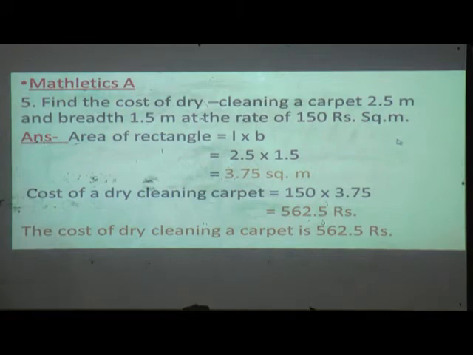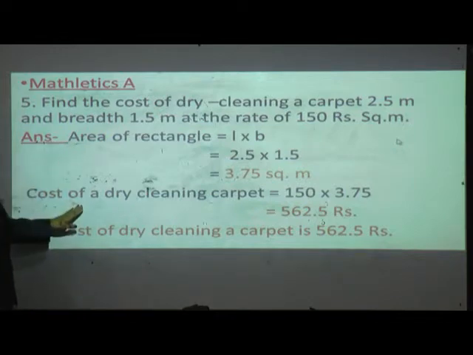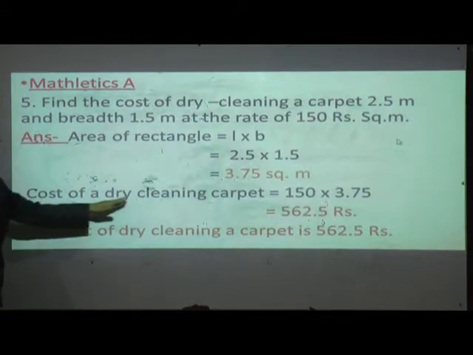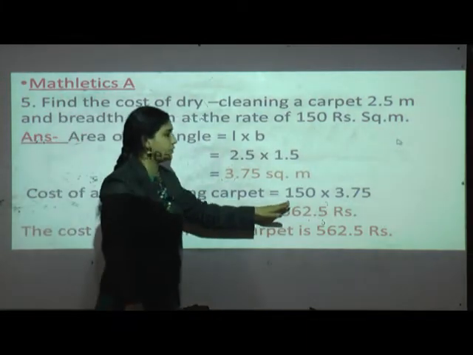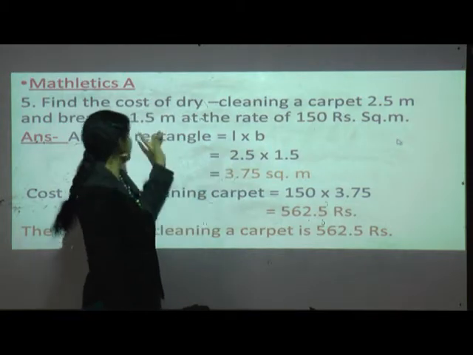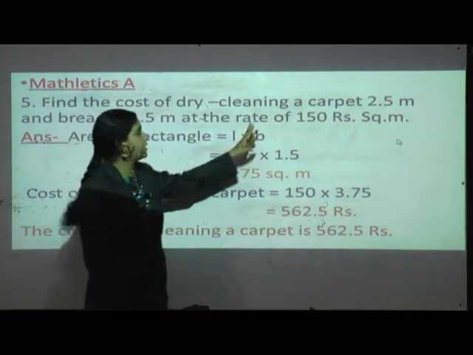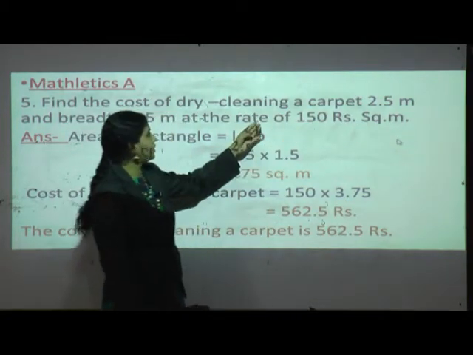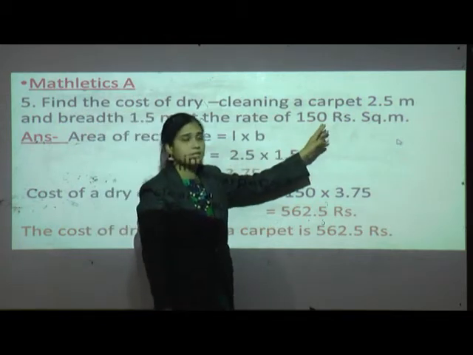Now what have they given here? Find the cost of dry cleaning a carpet, not an area. They have asked us cost. So that's why cost of dry cleaning a carpet is equal to the area of rectangle multiplied by the rate of 150 rupees per square meter.